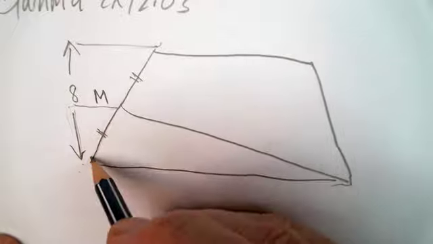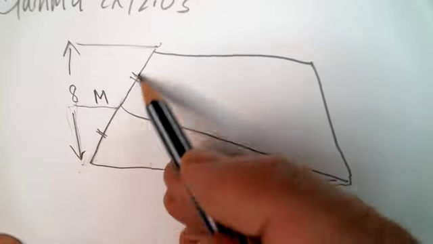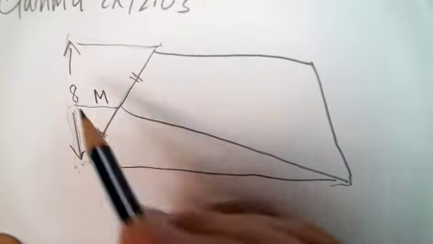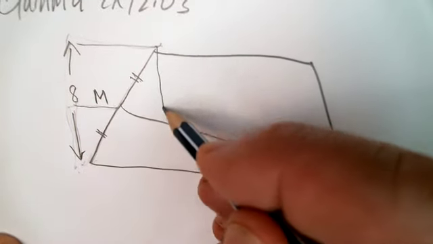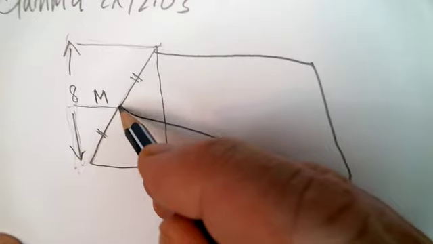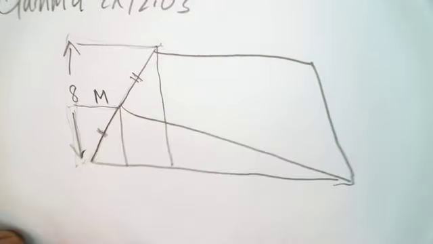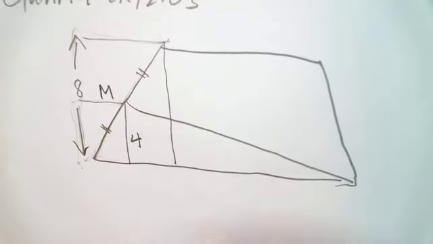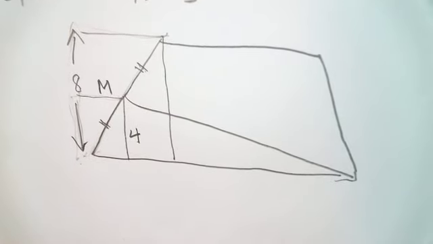So if this is 8, then this must be 4 because of the rules of similar triangles. So this vertical height is going to be 4.